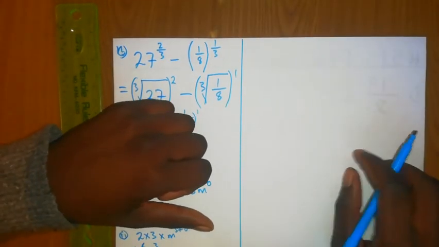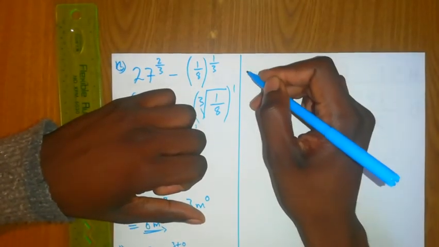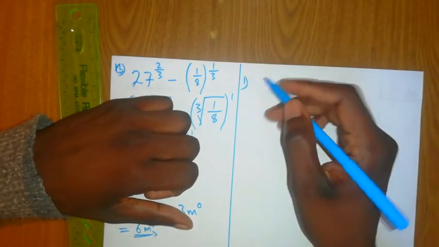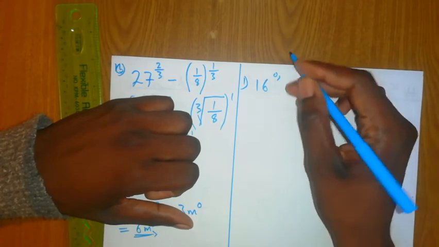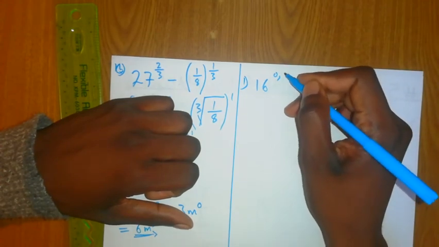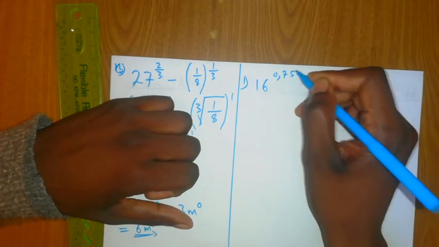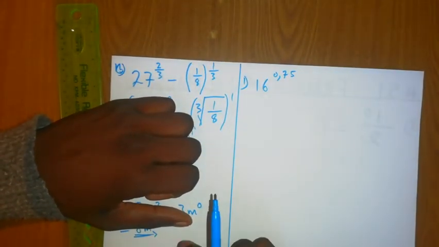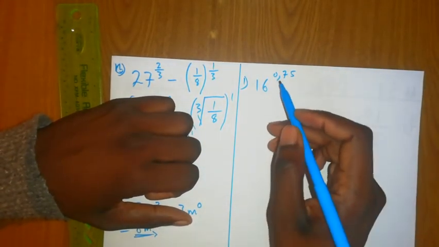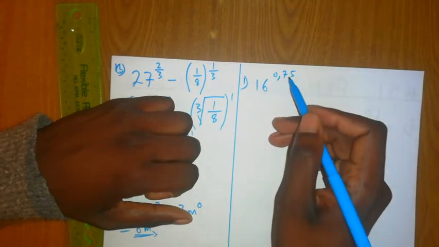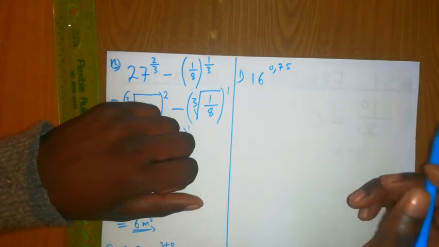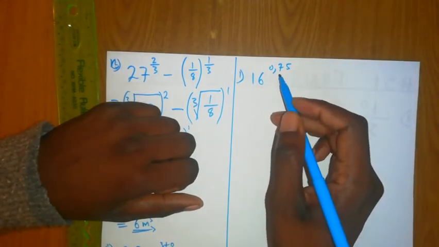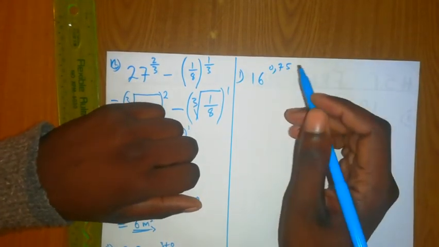You might find a question saying number 1 here, 16 to the power 0.75. What you have to know is how to convert this 0.75 into a fraction. I think we did it when we were doing fractions. So we now automatically know that 0.75 is actually what?